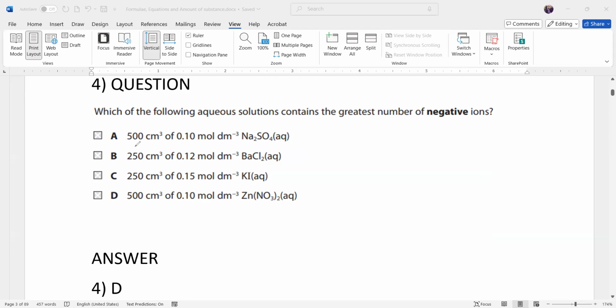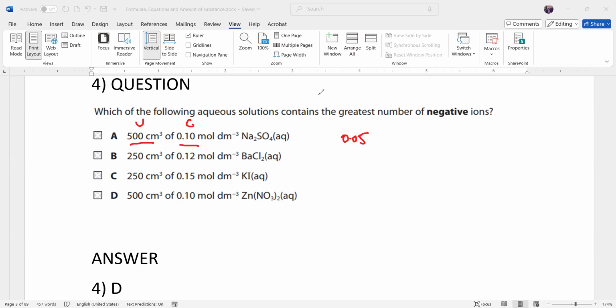First, you will find the moles of the compound. For example, this is a concentration and volume. So first, you will find the moles of sodium sulfate, which is 0.1 multiplied by 0.5, because volume is in dm cube. So you get 0.05 moles. Then how many negative ions are present?